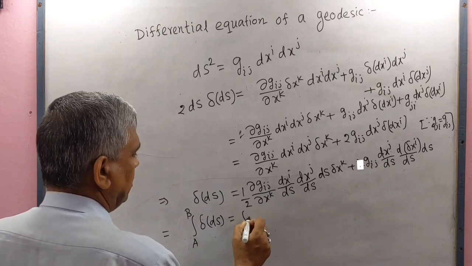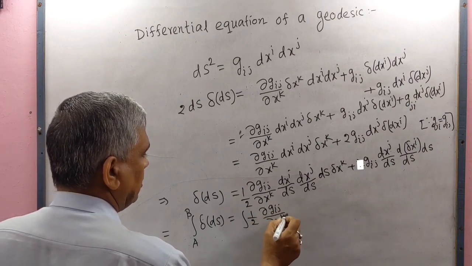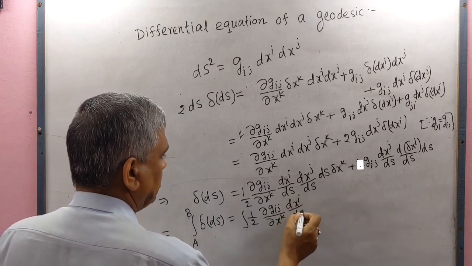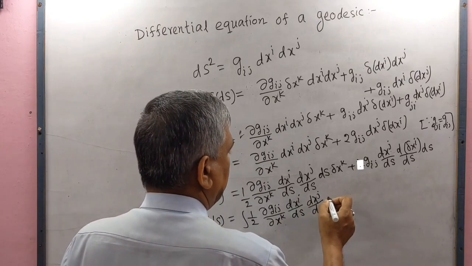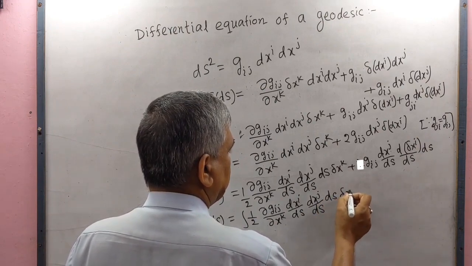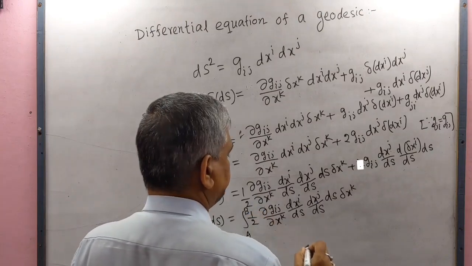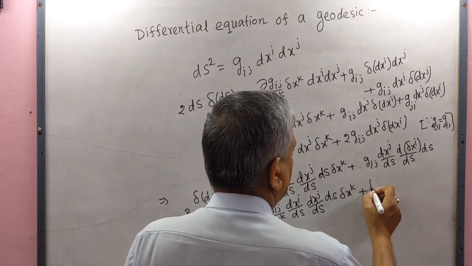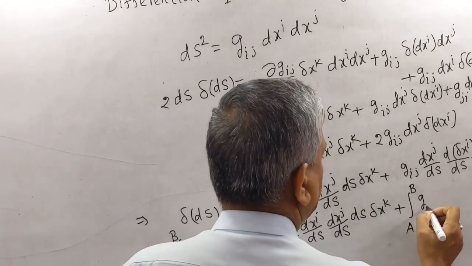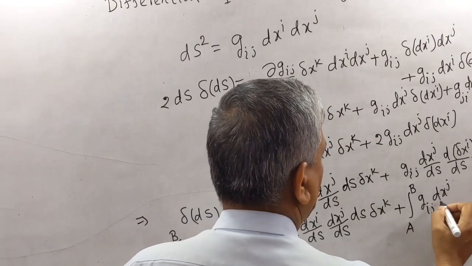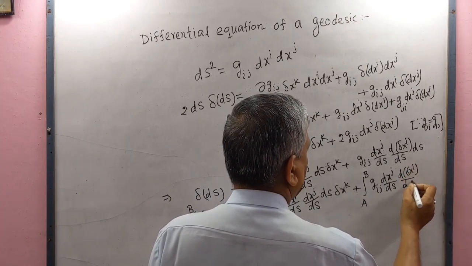Integration half del gij by del xk dxi by ds dxj by ds ds del xk from A to B plus integration A to B gij dxj by ds d delta xi by ds into ds.